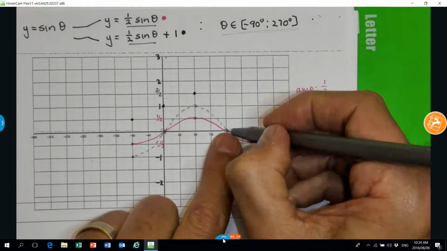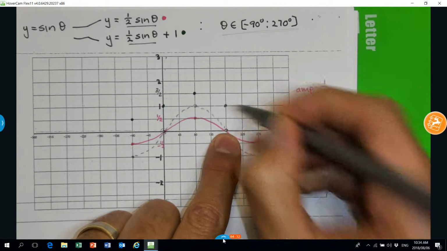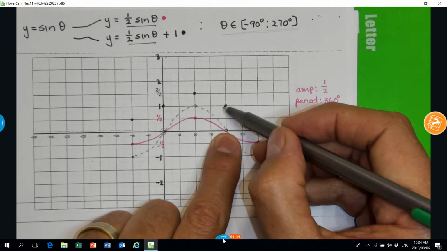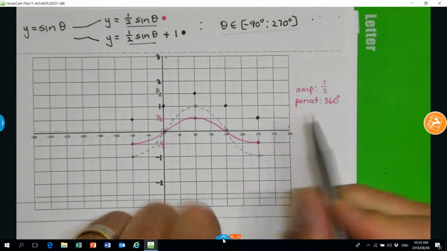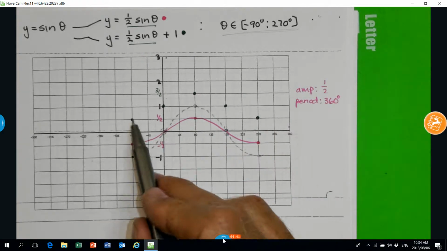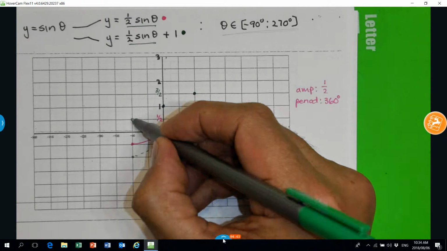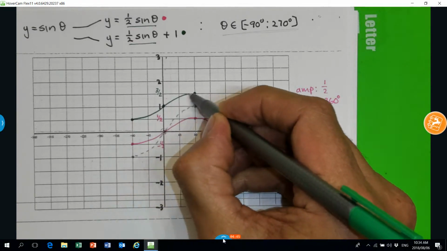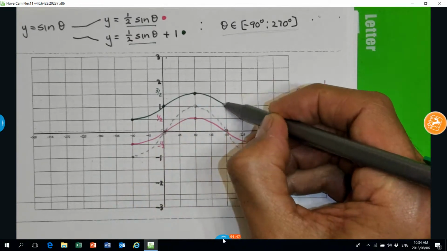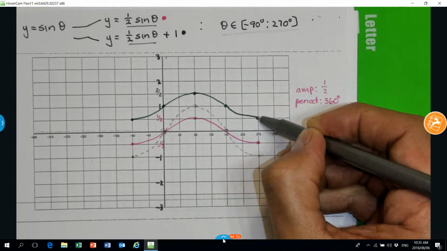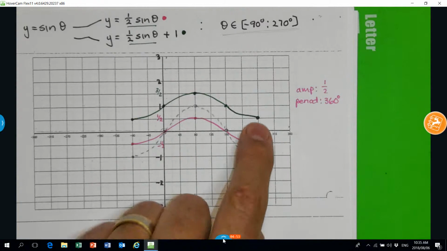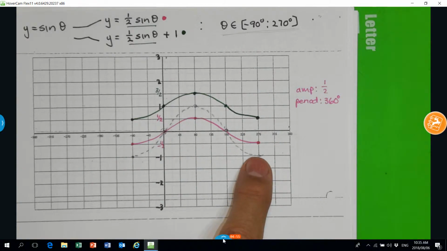And then the point at 0 moves up 1, it goes up to the point at 1, and here minus 1 again goes up a half, another half, and the curve will enter the domain here and exit it there. So you can see it's literally a vertical translation of 1 unit in the vertical direction.